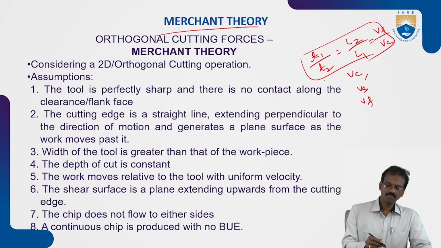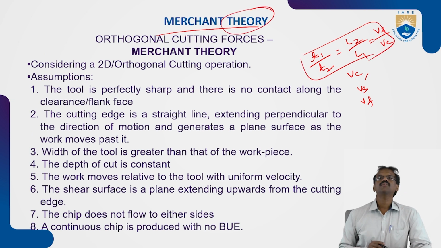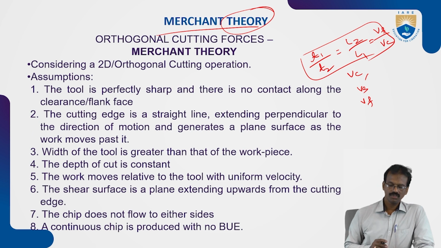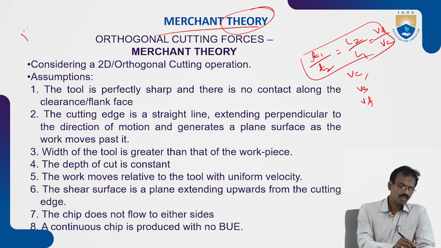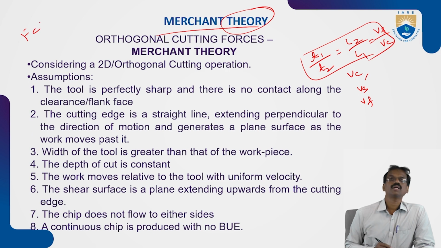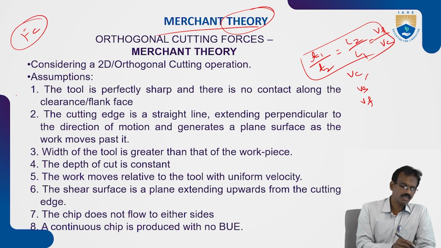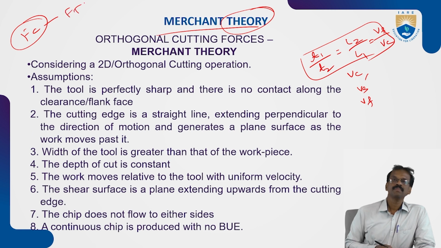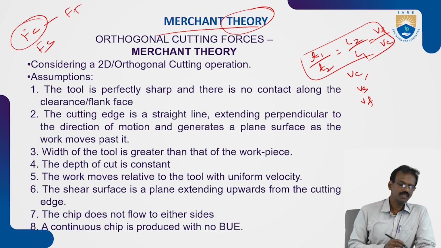So by using the Merchant theory, you can identify the different forces in orthogonal cutting. Just like along the cutting direction, the cutting force, and normal to this one, that is the tangential force Ft. Similarly, Fs is the shear force, and next, small f is the frictional force.